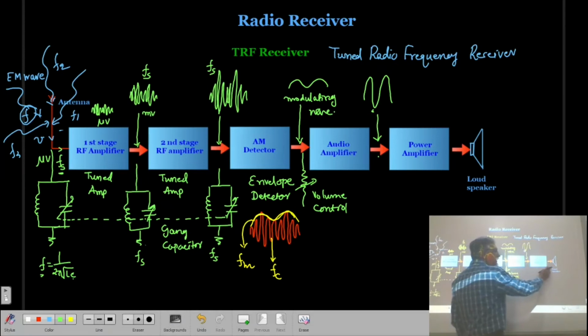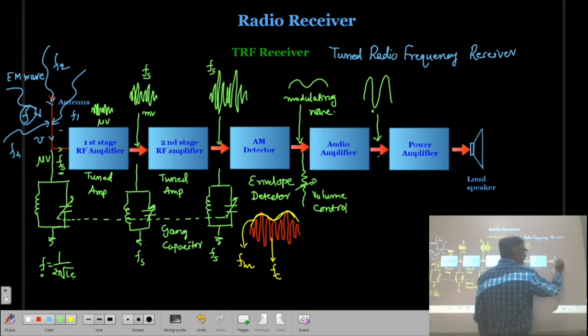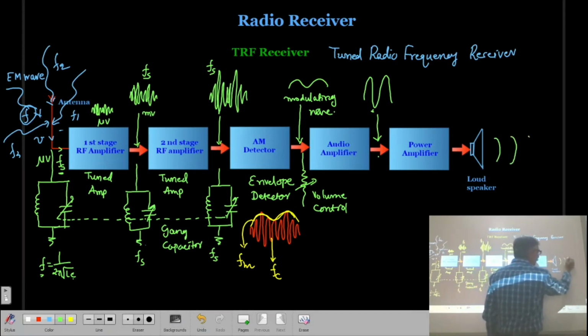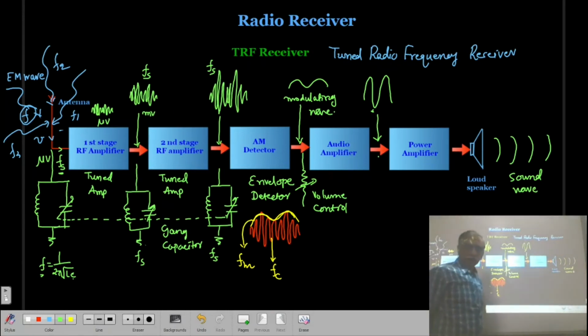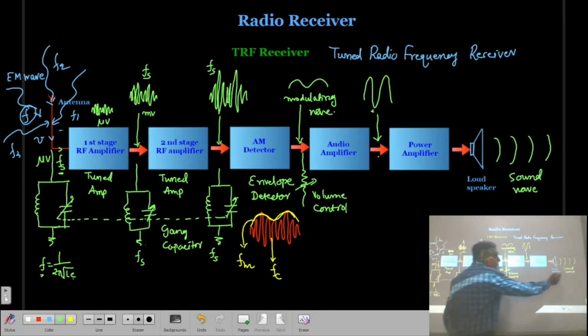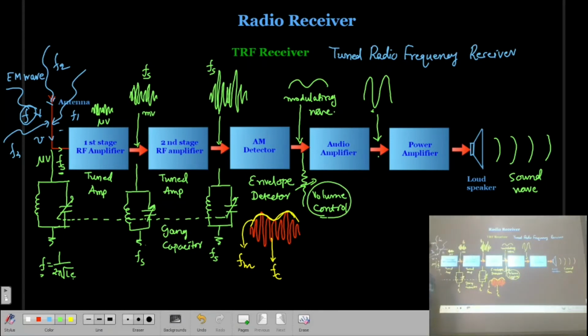That loudspeaker will convert your electrical signal into a sound wave. It converts the electrical signal into the sound wave. And here this intensity of the sound wave, you can increase or decrease with the help of this volume control.